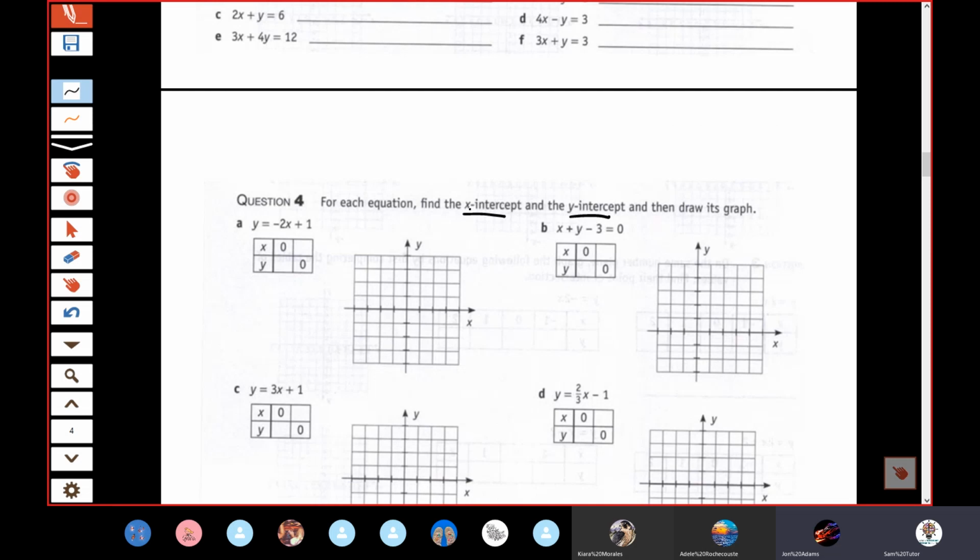It doesn't matter. When it's x-intercept, what do you let equal 0? The y. So it will look like this: y is 0, 2x plus 1. Doesn't this look like something you've solved before? Oh, okay.